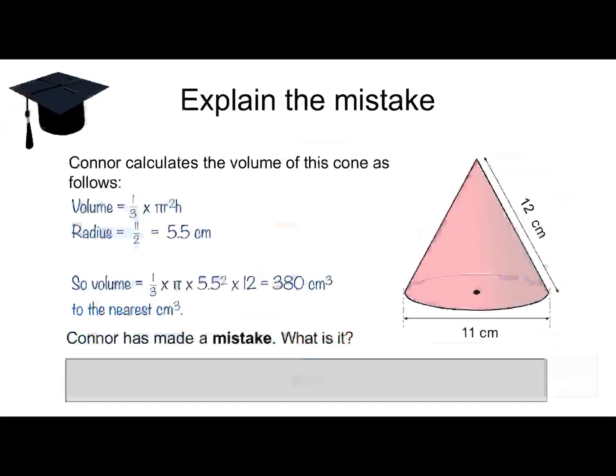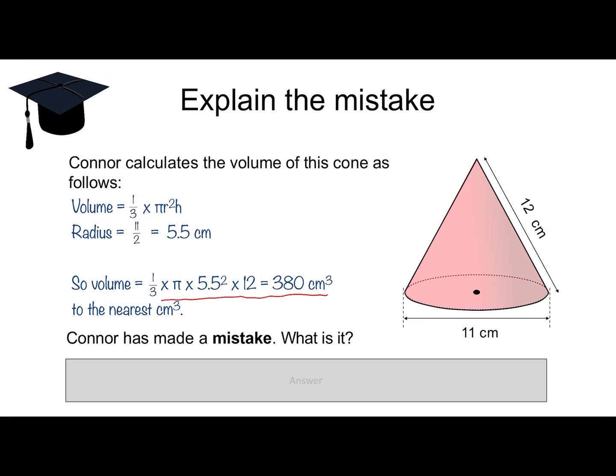Okay. Right, before I end this video, just have a look at this one. The student that did this, Connor, has made a mistake. He wants to calculate the volume of this cone, and here is his working out. This is what he's done here. He's got it wrong. What mistake has he made?